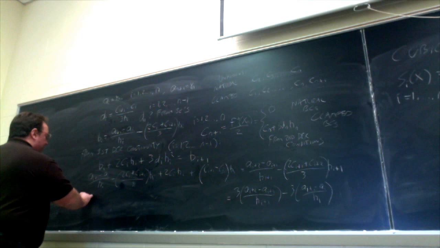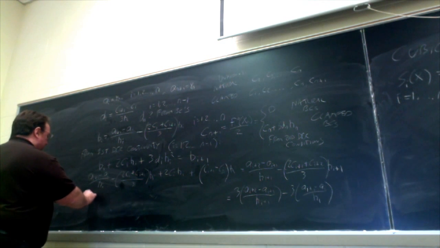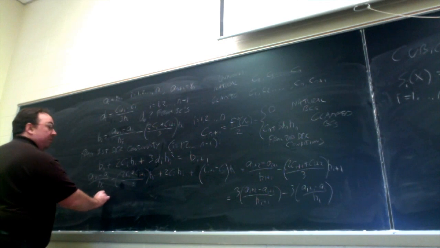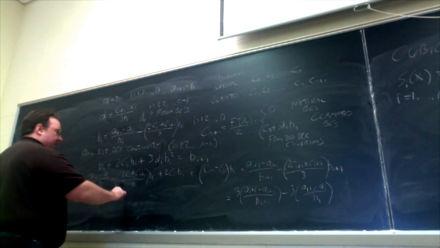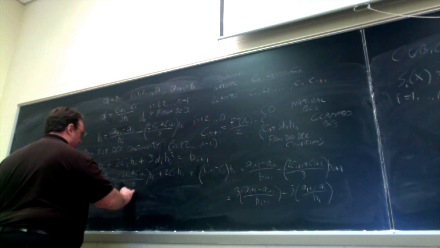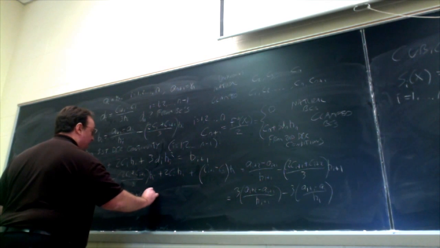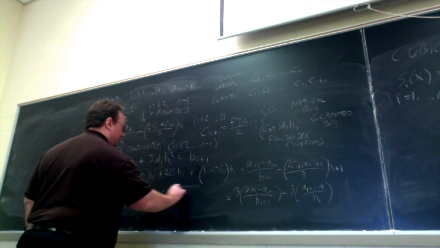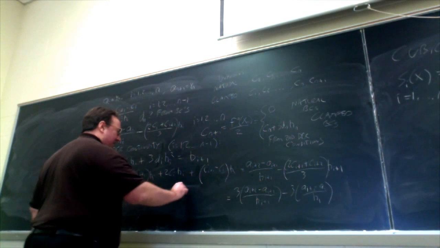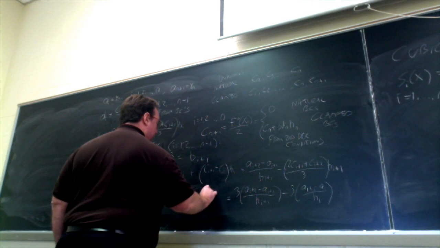So I have 2c_{i+1} plus c_{i+2}, times h_{i+1}, minus 2c_i plus c_{i+1}, times h_i, plus 2c_i h_i over 6, plus 3 times (c_{i+1} minus c_i) h_i.